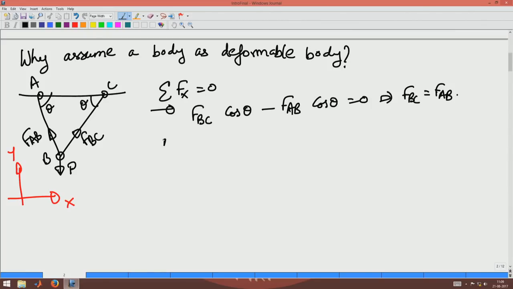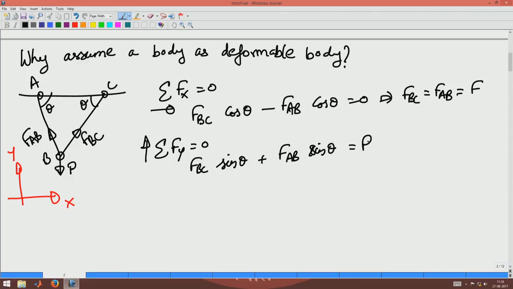Next, if you assume that the vertically acting force is positive and write a force equilibrium in the y direction, you will get FBC sin theta plus FAB sin theta equal to P. With FBC and FAB both equal to F, this implies 2 F sin theta equals P, and F is P by 2 sin theta.